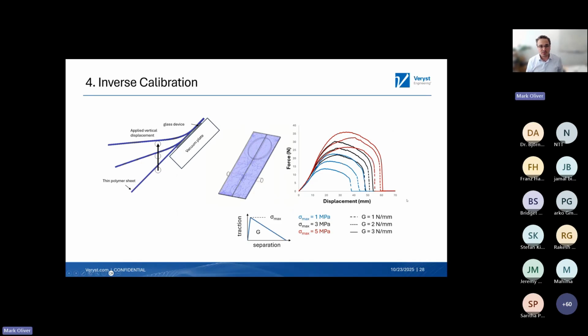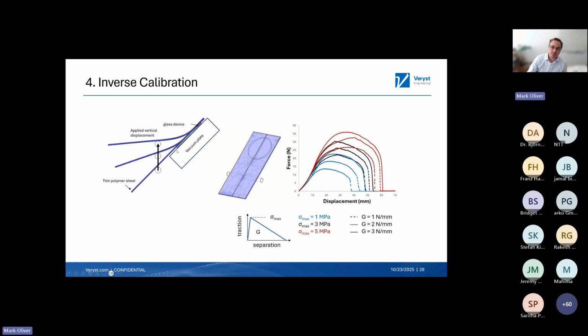All right, so the fourth approach that we'll use is a little less clean, but sometimes you don't have any choice. This is basically called inverse calibration. This is a case where we had a glass device, and there was an adhesive that was used to bond a thin polymer sheet to it.